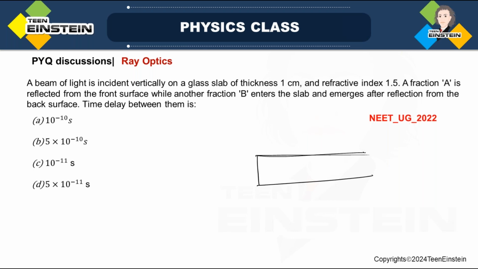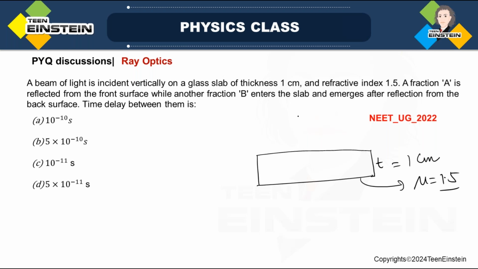You can just take this as a uniform glass slab of uniform thickness, some thickness D. A beam of light is incident vertically on a glass slab of thickness t equal to 1 centimeter, and the refractive index of this is also known, that is 1.5 for glass.